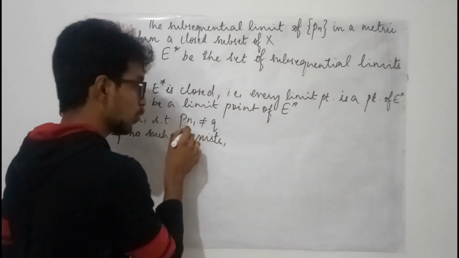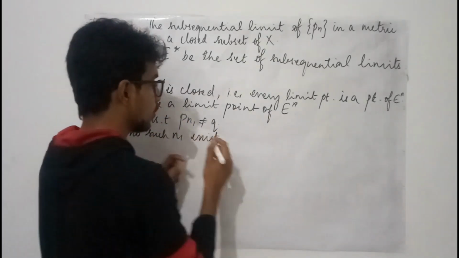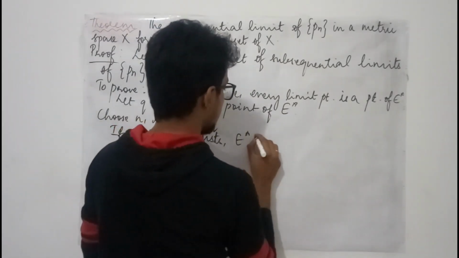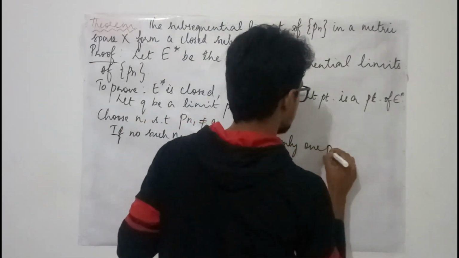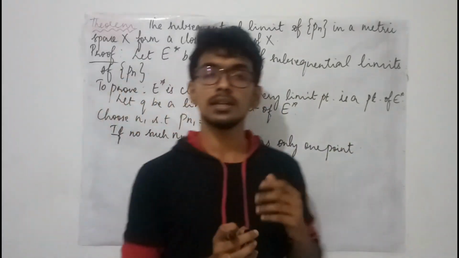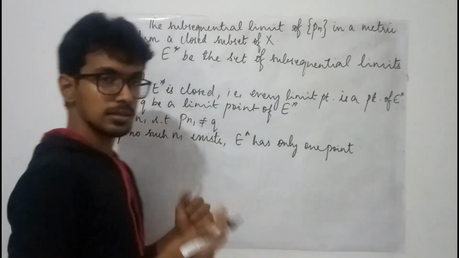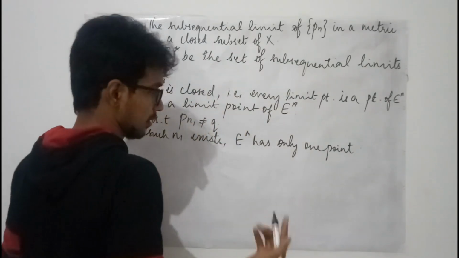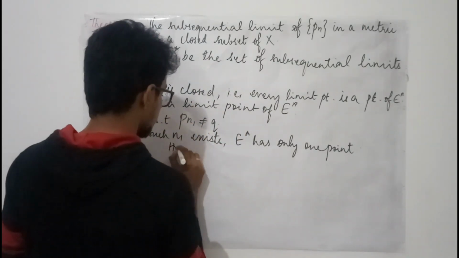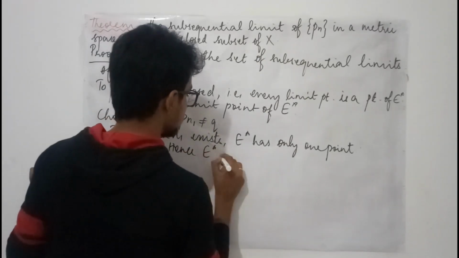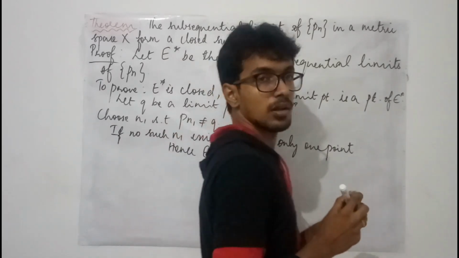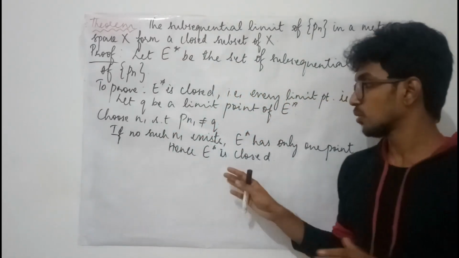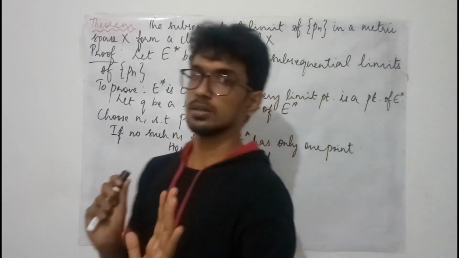If no such Pn1 exists, this means E star has only one point. When a set has only one point, it is a finite set, a singleton, right? Hence, E star is closed. So in this case, it is closed.